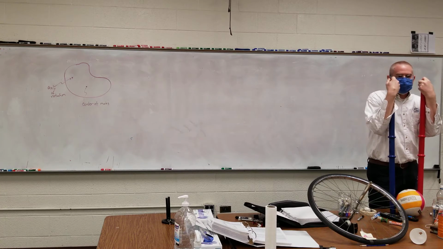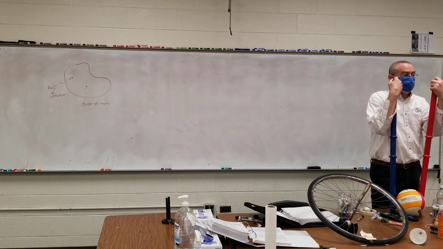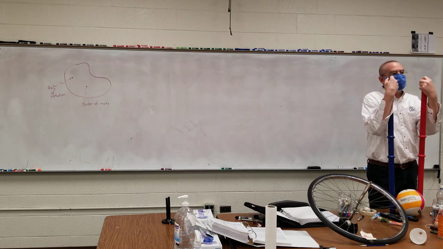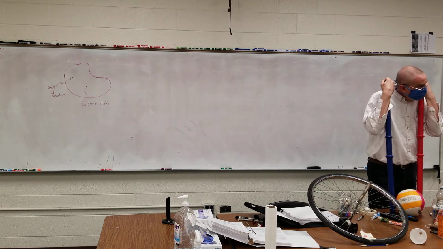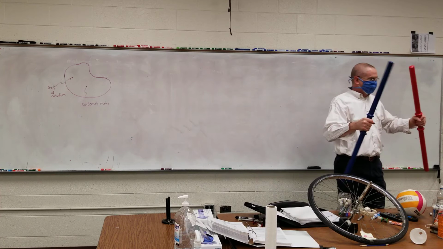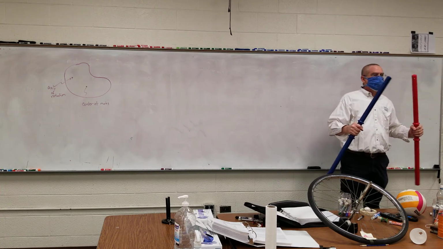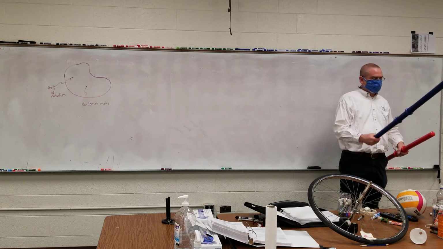Let's relate it back to physics. What you're saying is absolutely right, and that is key, but I want to bring in some of the language we've just been doing. If I'm holding it like this, the axis of rotation is pretty much in the center of both of them. When Amy first grabbed it, she had the axis of rotation down here.